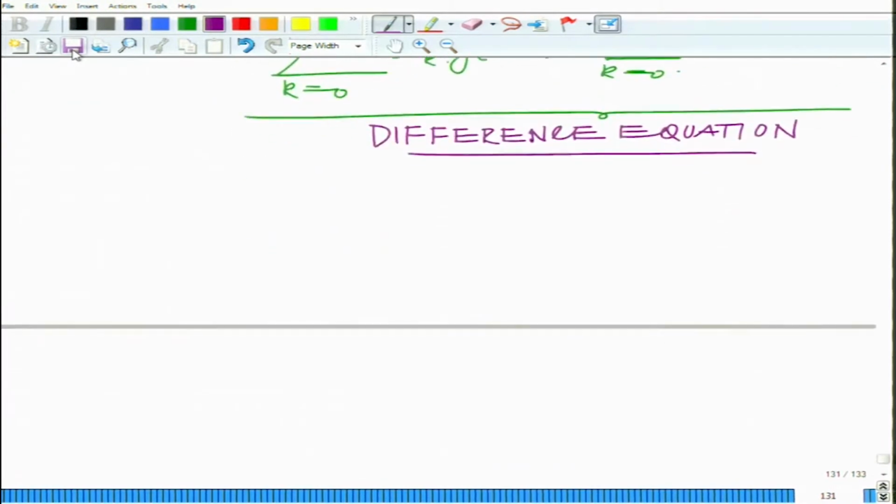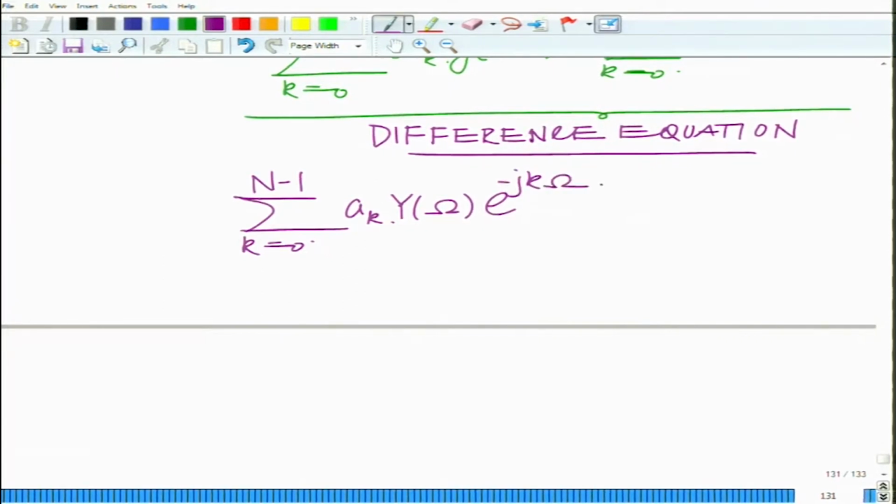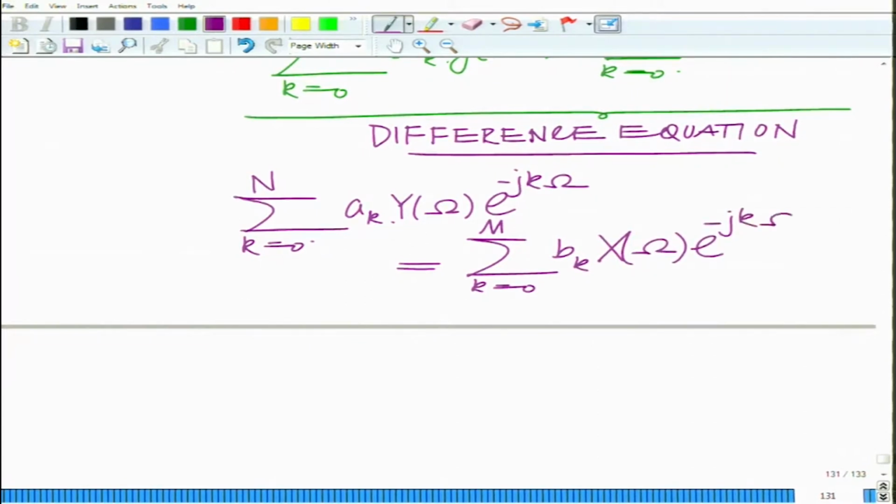Now, taking the DTFT, what we have is summation k equal to 0 to N minus 1 a k Y of omega. The DTFT of y of n minus k is Y of omega e raised to minus j k omega, which must be equal to summation k equal to 0 to M b k X of omega e raised to minus j k omega.